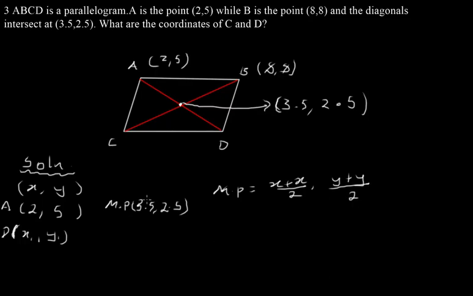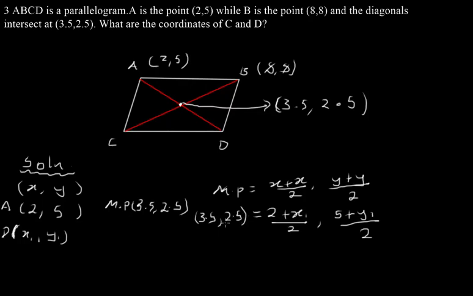So what are the x values that we have? We have 2 and x1. So we have 2 plus x1 over 2, comma, y. What do we have in the y? We've got 5 and y1. So 5 plus y1 over 2. And what do we have as our midpoints? We've got 3.5, 2.5.